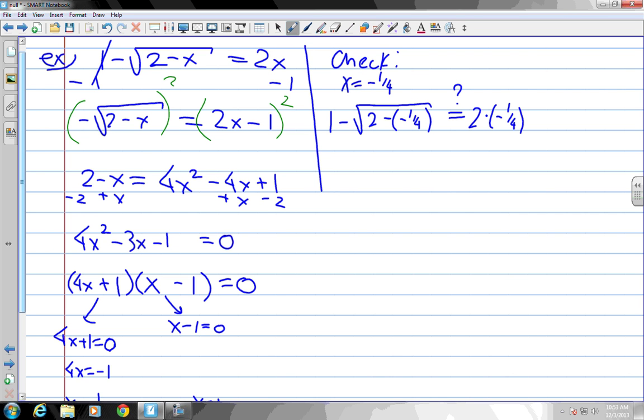Right? Plug in negative 1/4 for every x in the original problem. And I just have to compute both sides separately, see whether they're equal to each other. So it's 1 minus square root of 2 plus 1/4. Will that equal, what is 2 times negative 1/4? It's negative 1/2.